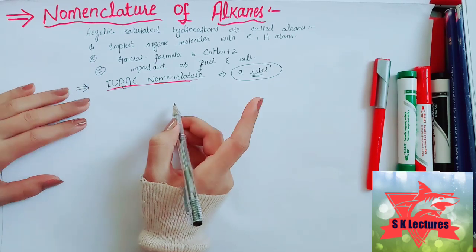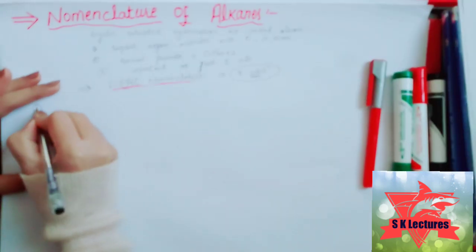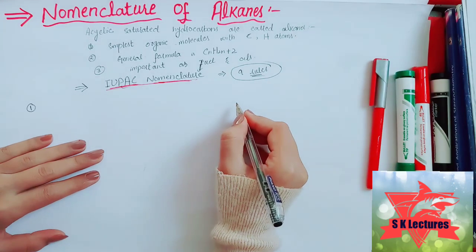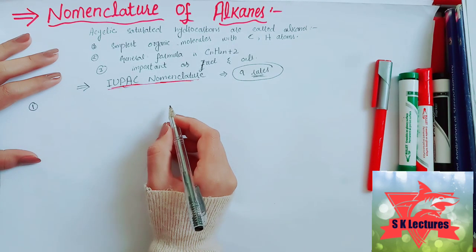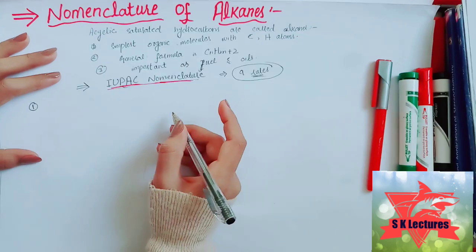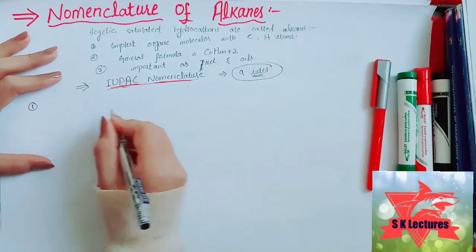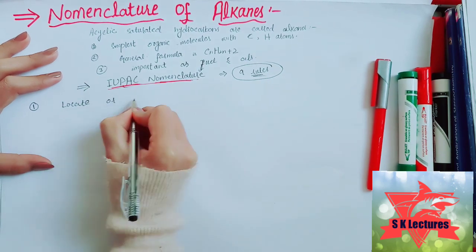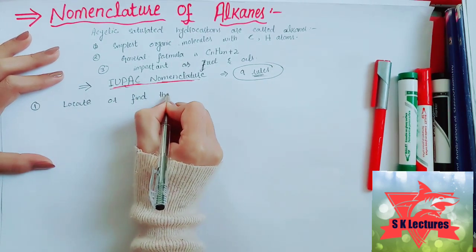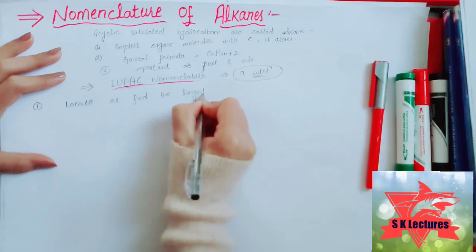There are 9 basic rules which you need to follow during the nomenclature of alkanes, in which the first rule is that we need to locate or find out the largest continuous chain of carbon atoms, independent of the direction of the chain, whether it is horizontal or zigzag.